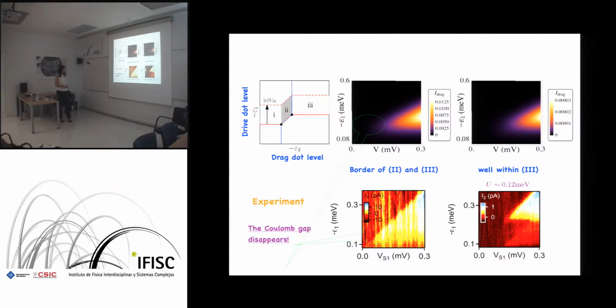Then we see that there is a Coulomb gap or not. In the sequential tunneling regime, when we theoretically only include sequential tunneling, we always see a gap, Coulomb gap. But in the experiment, this depends on the position of the dot level of the drag system.